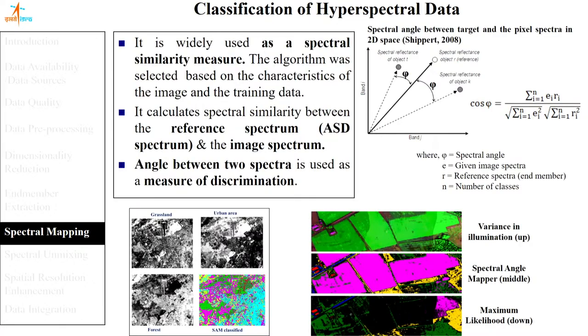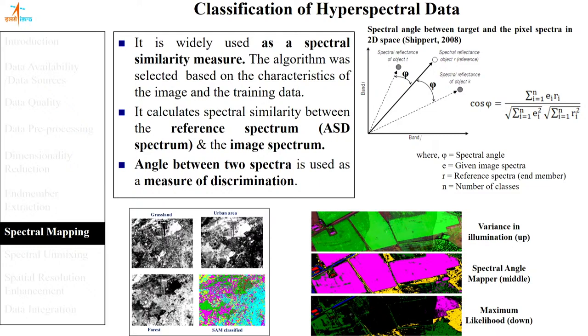In case of spectral angle mapper classification, this is normally considered a spectral similarity measure technique, where we try to match your image spectra with reference spectra. Here, for reference spectra, ASD spectrum is written. ASD means Analytical Spectral Devices, which is the model name of the spectroradiometer.